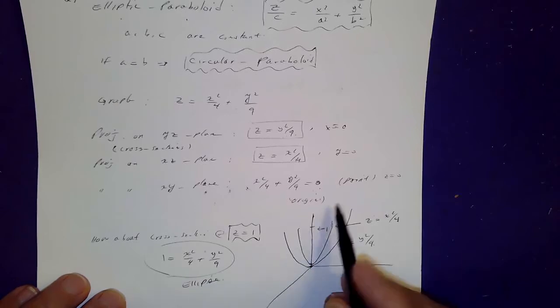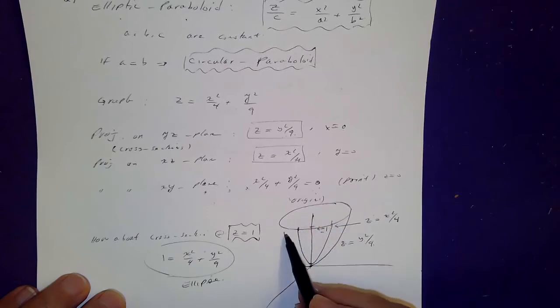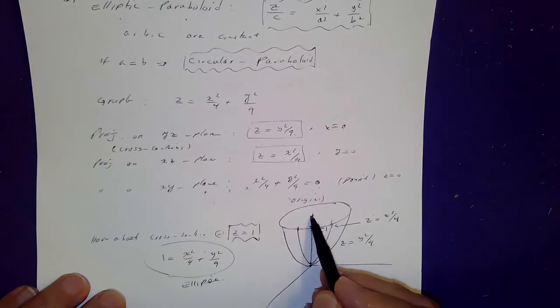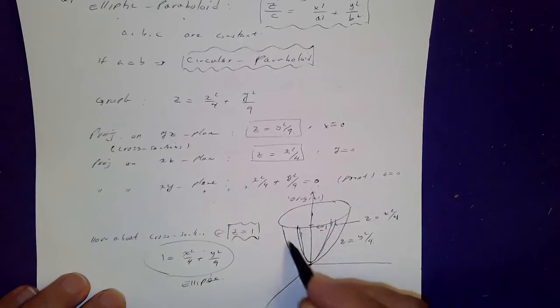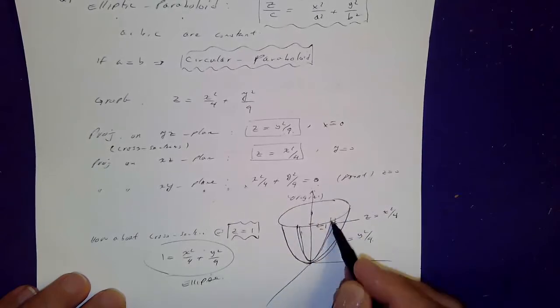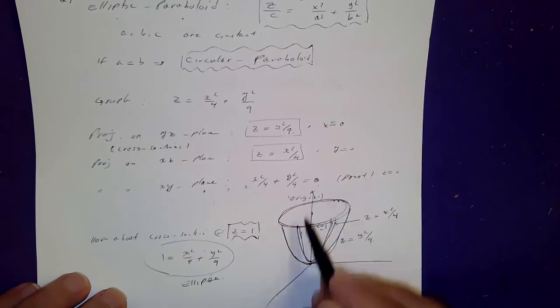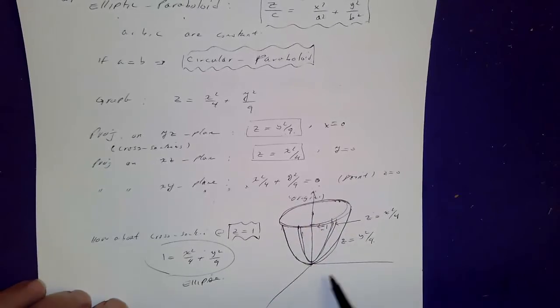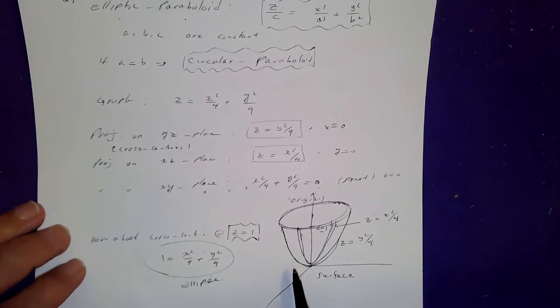So at z equals 1, you get an ellipse. And that's pretty much how an elliptic paraboloid looks. It's like a bowl. So it's also a surface. It's not a curve, it's a surface, yes? That means it has a thickness. So that's called an elliptic paraboloid.